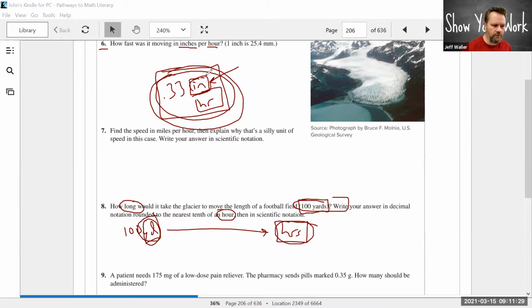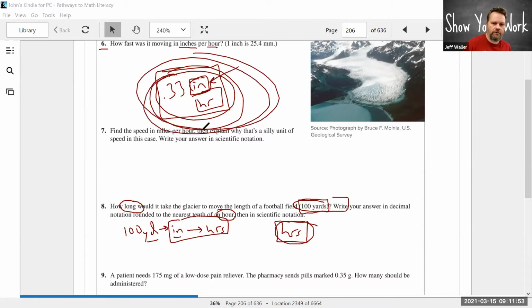So I start with 100 yards, and I already know what my path needs to be. My path needs to be yards to inches to hours. Yards to inches is something we know. Inches to hours is because of the glacier moving. It's the 0.33 inches per hour. That's what converts that.